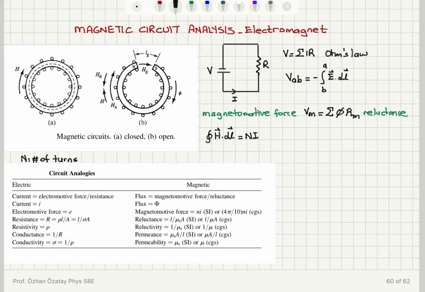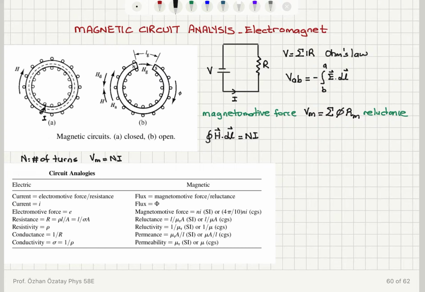There's a winding with N turns, and the total magnetomotive force Vm is equal to the number of turns multiplied by current. Well, this is just Ampere's law: the closed path integral of H dot dl is equal to the total current enclosed, which is N times I.